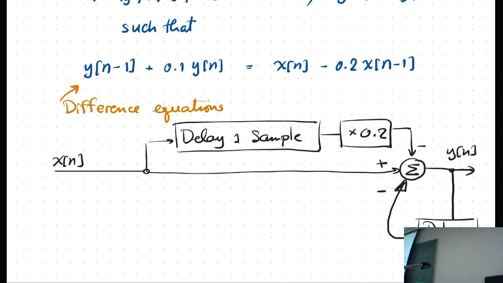Then you have this term, which is 0.2 times the previous value of the input. What does previous value mean? You have to delay it by one sample to get the previous one. So the signal on this path would be 0.2 times x[n minus 1], and then you subtract it from x[n]. Got that?